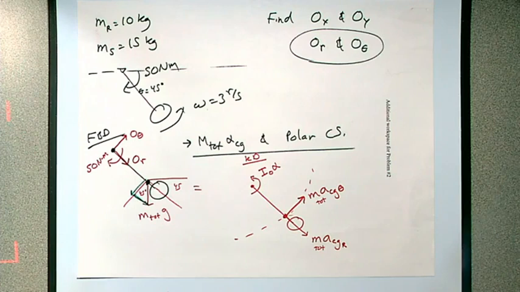So the reaction is not pointing down, it's pointing away from us, right? Well, you can kind of be intuitive on that. As this pendulum is swinging at 3 radians per second, it's trying to fly away, and you're holding it back. So that to me makes sense.